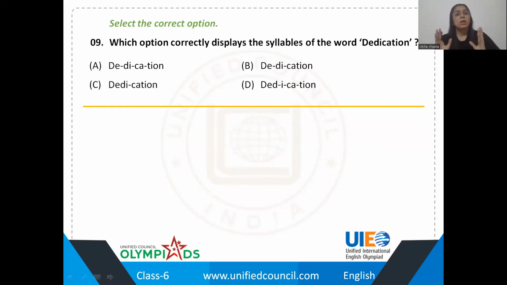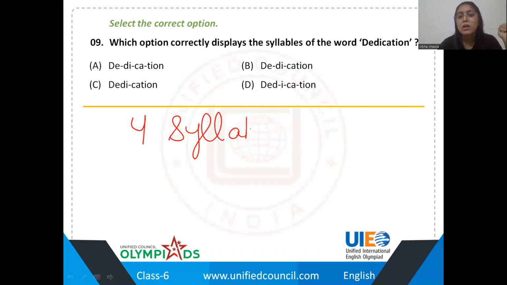Now, next question. Which option correctly displays the syllables of the word dedication? Okay, dedication is a word and you have to tell the correct syllables of this word. So first of all, I would like to tell you there are 4 syllables in this word.